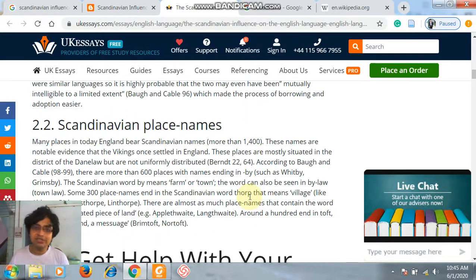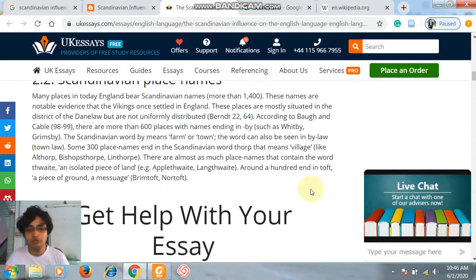As I have already said, the Scandinavian influence upon the English language is domestic and democratic in nature, because they were not superior people; they were rather inferior people compared with the French and other influences or Latin influences, that is Roman influences upon the English language.